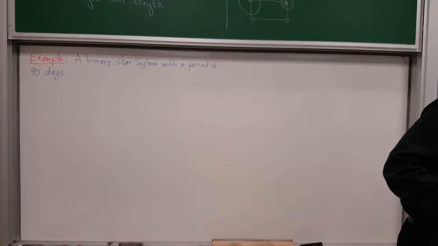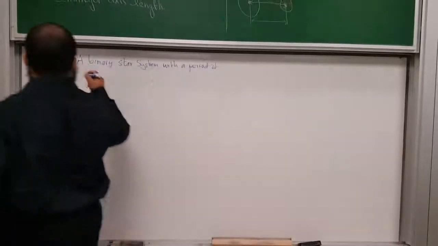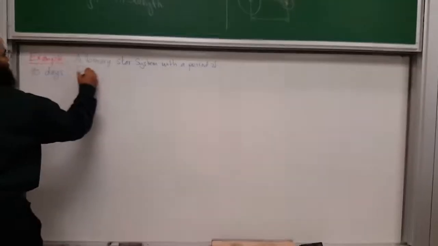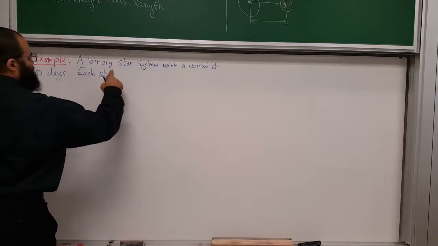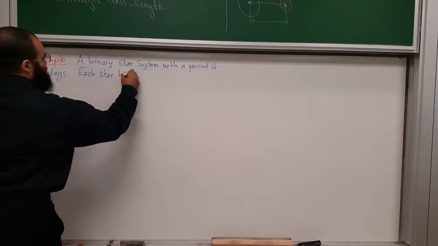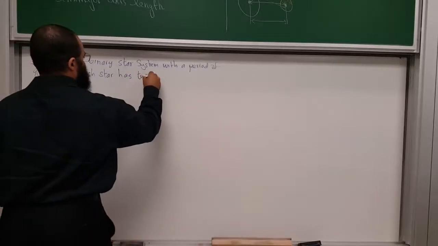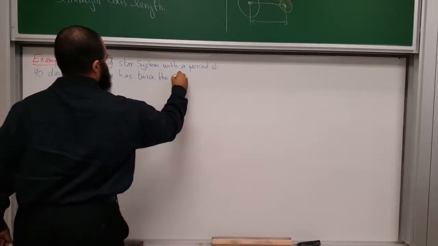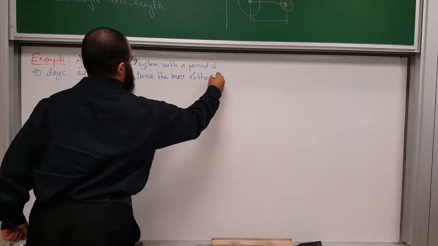And then it says, each star has twice the mass of the sun. So each star has twice the mass of the sun.